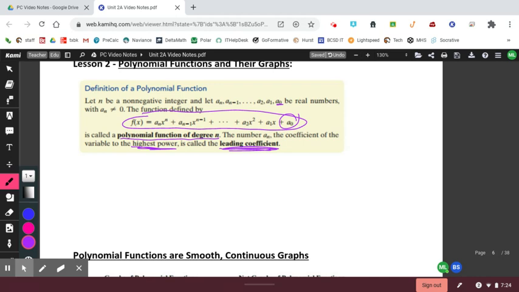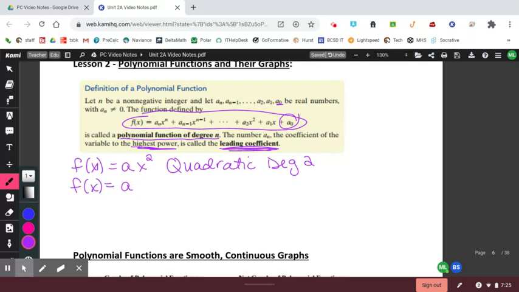Just a little review: if you had f of x equals some real number coefficient a times x squared, you would call that a quadratic, which we just reviewed yesterday, because it's degree 2. If you have f of x and it's just a times x to the first, that's linear because it's degree 1.